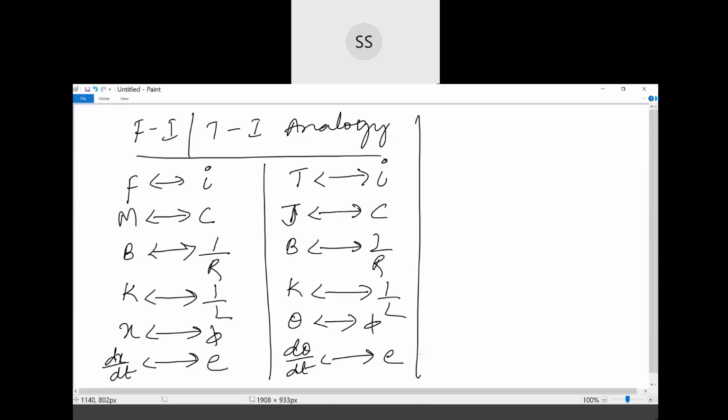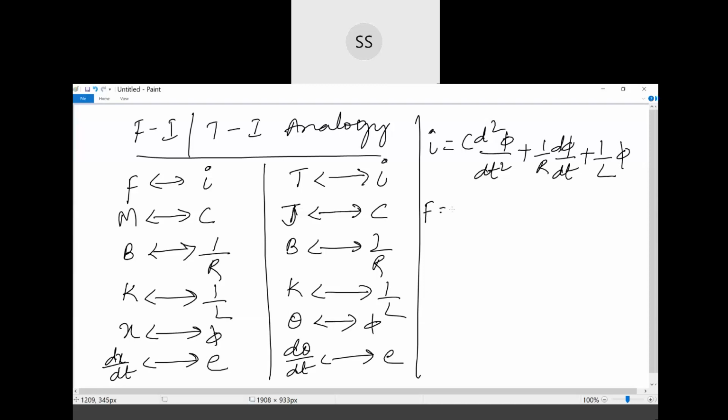Just to recall, our basic current equation is I equal to C into d square phi by dt square, plus 1 by R into d phi by dt, plus 1 by L into phi.